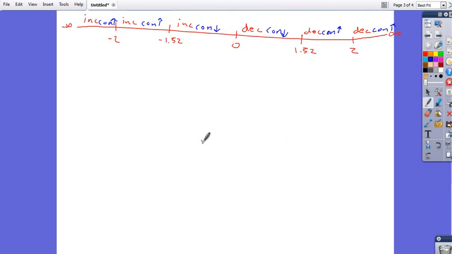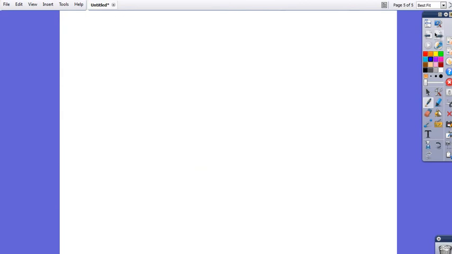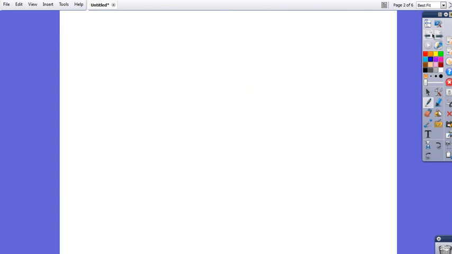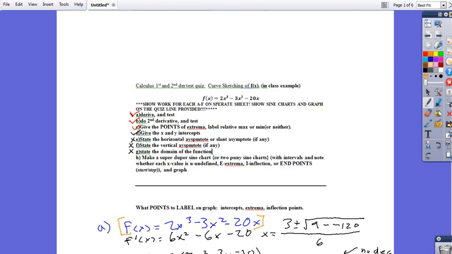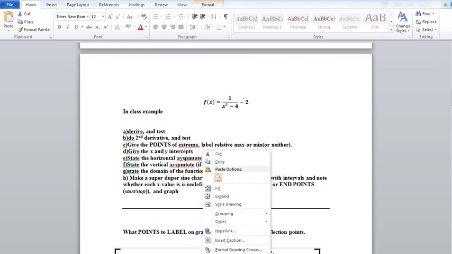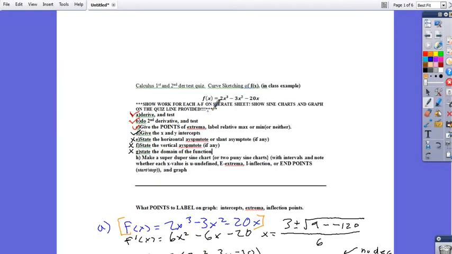Okay, so we need a big old graph. Oh, you know what? I think I'm just gonna steal the graph from the next page. Maybe I'll steal the graph from, I don't know if I have a graph to steal from anymore. Maybe I can copy this one.